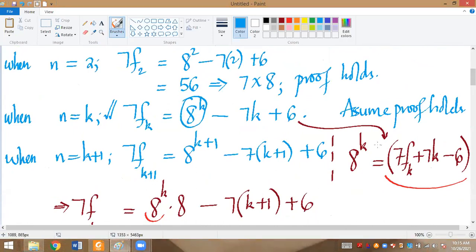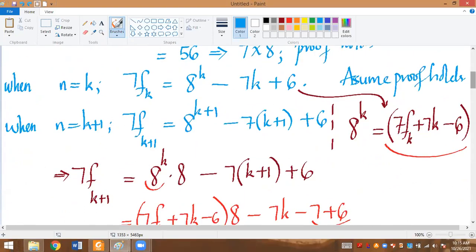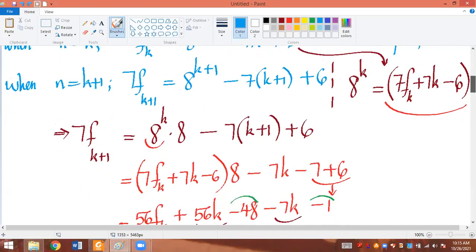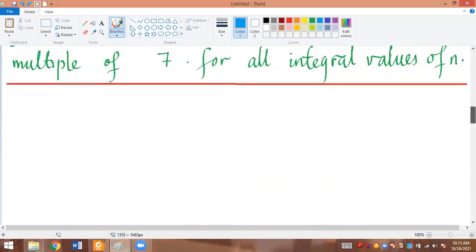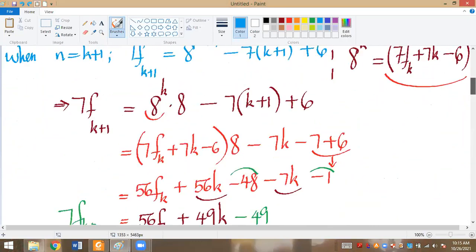I make it the subject. You make it the subject because, to prove by induction at k plus 1, you must employ some expression from the assumption stage, as we have been doing from the beginning. Is it okay?